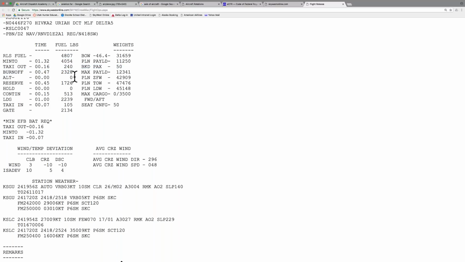So the taxi out, the burn off, the alternate, reserve, hold, contingency, and when you add all 5 of those numbers up, that equals this number.